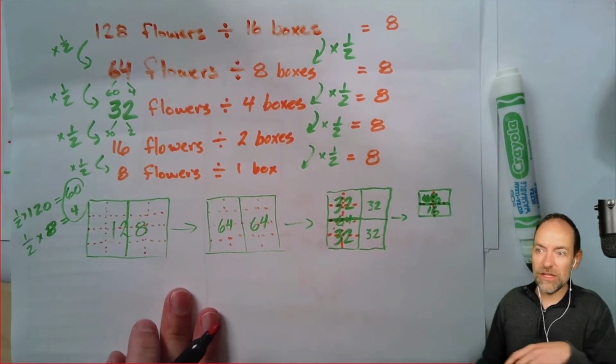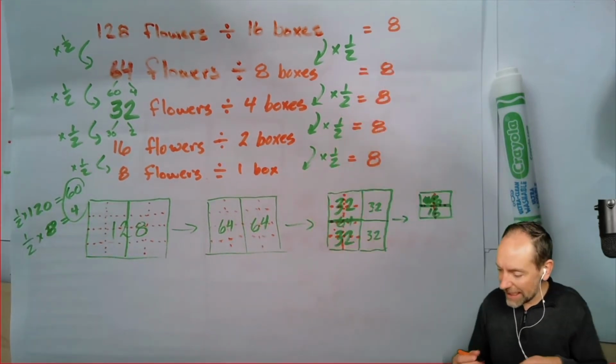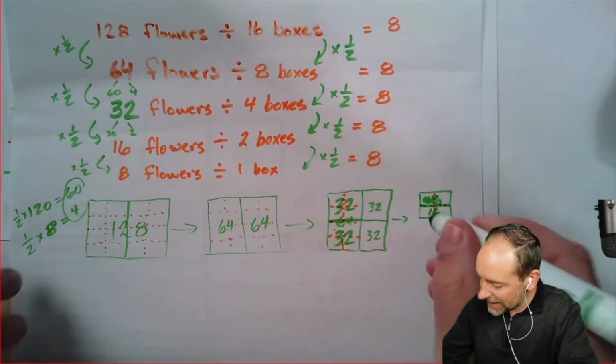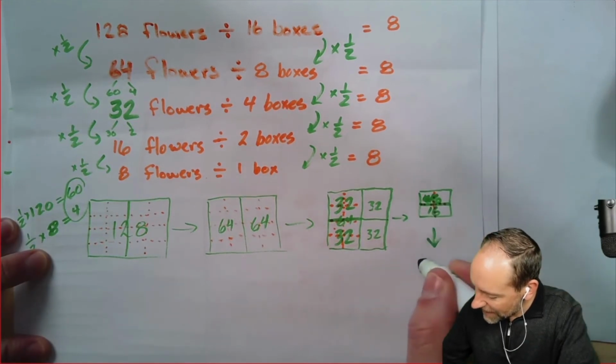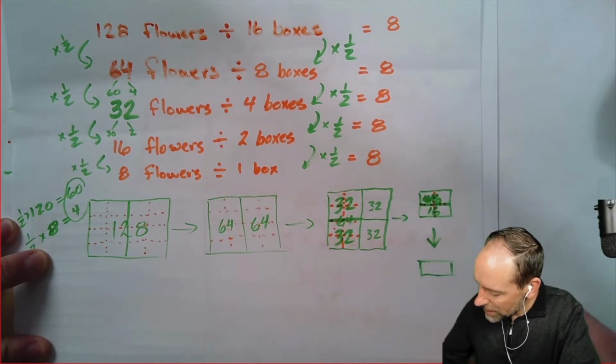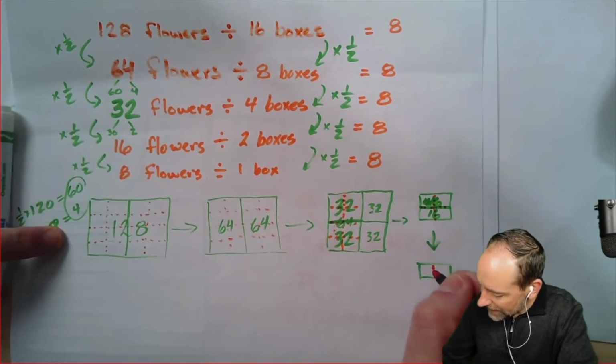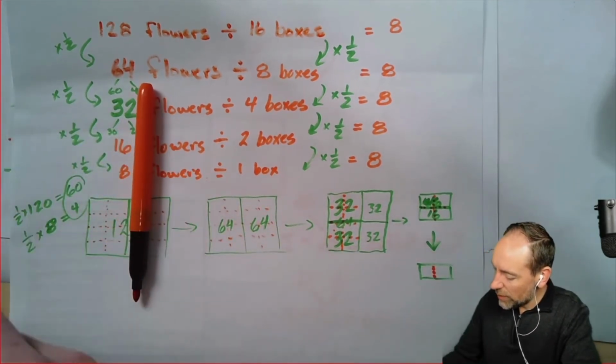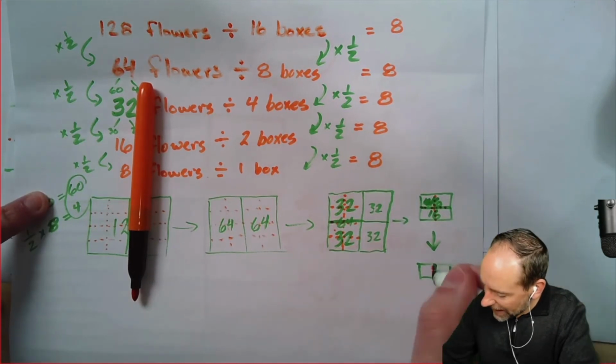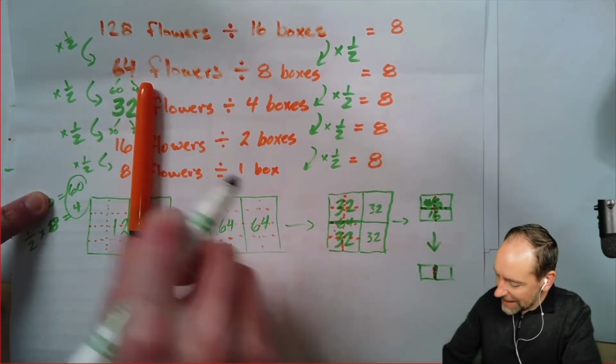So give us some emojis, friends. 8 what? What is it that's happening when we take this 16, which had 2 boxes, and we chop it in half, and we get 8.